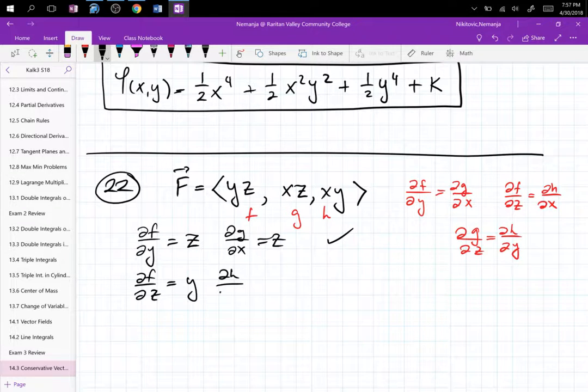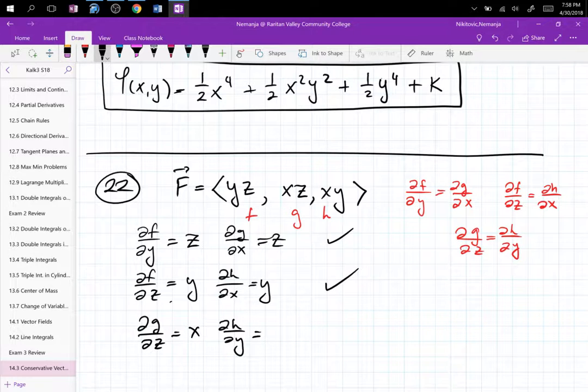Partial h, partial x is y. Y equals y. Good. Pass. Partial g, partial z is x. Partial h, partial y is x as well. Pass. So I passed all three conditions.